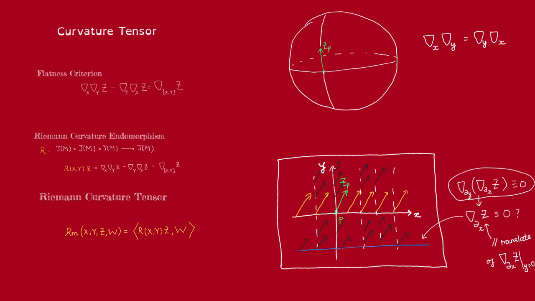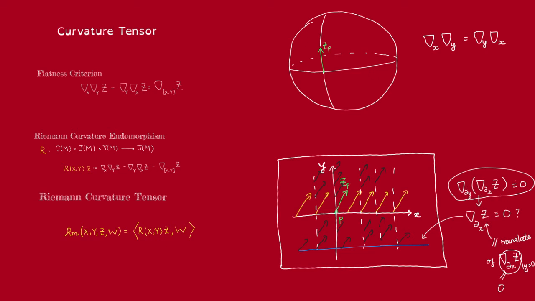But this vector field at this level is 0, because z in this direction was defined to be the parallel translate of this vector z_p along x. So that means that if this is 0, then this, being the parallel translate of the 0 vector field, must itself be 0. So we need to check whether or not this is 0.